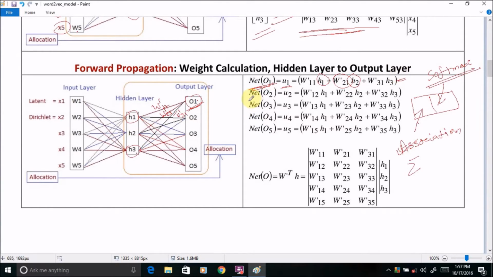Similarly, we can calculate the association score or net score for O2, O3, O4 and O5.